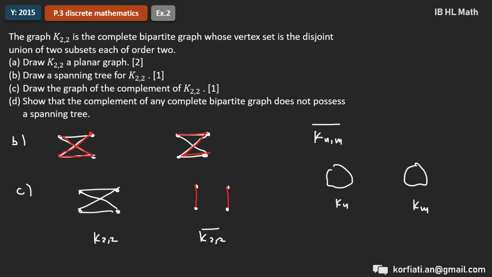And since in the initial graph the edges that connect vertices in the same set do not exist, in the complement all these edges will appear. So bottom line here, the complement of K2,2 looks like that, and that's it.